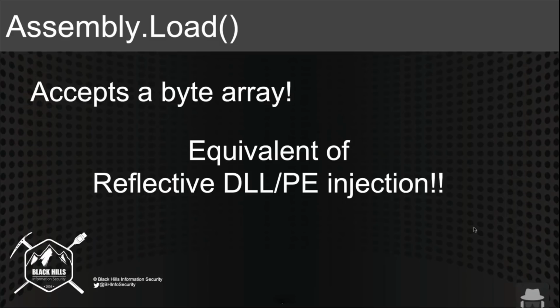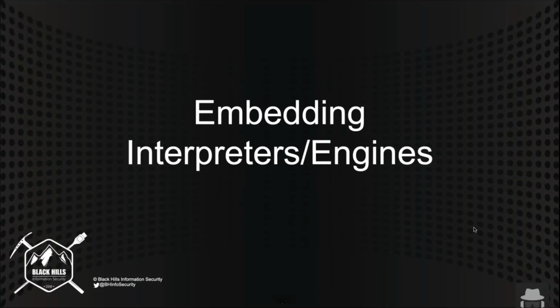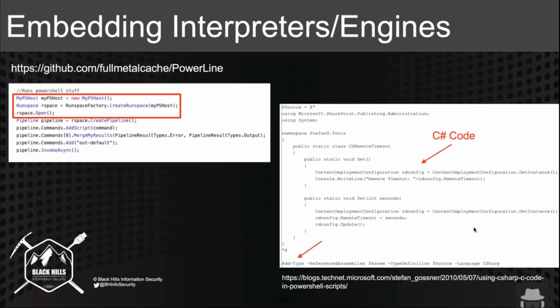One of them is that this allows embedding interpreters and engines within other .NET languages. And incredibly enough, you've probably all done this at least once or twice using a tool that a lot of pen testing and red teaming tools use in a certain way or fashion. So the de facto example of this is using something like Powerline, or something like NPS, for example, not PowerShell.